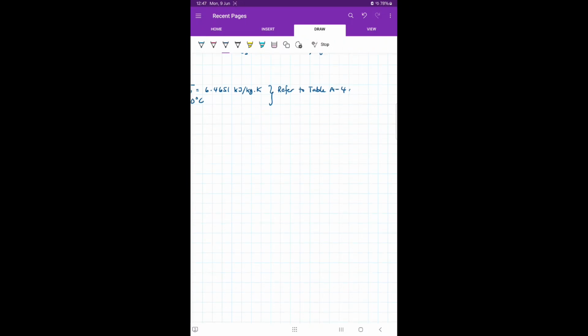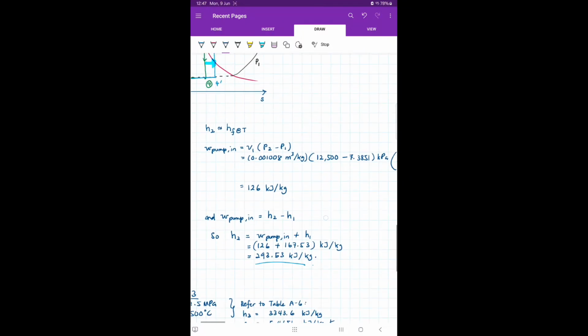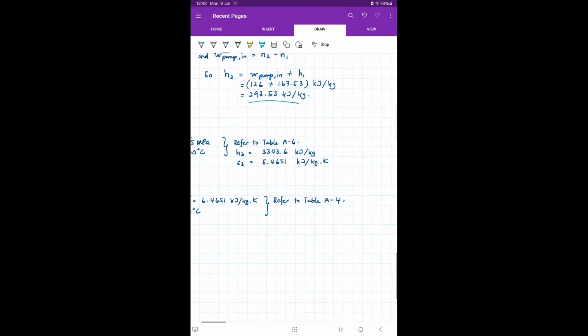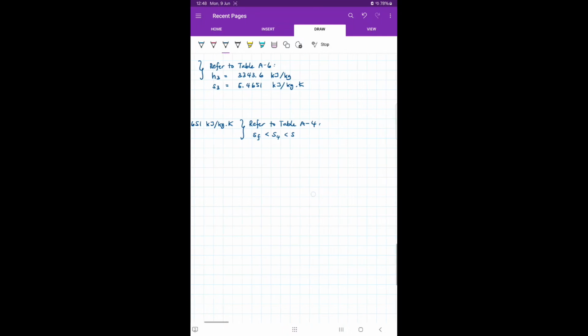When we look at our diagram, the phase for state 4 is actually a saturated liquid vapor mixture, but to be sure, we can check whether our entropy at point 4 is in between the entropy of the saturated liquid and saturated vapor.